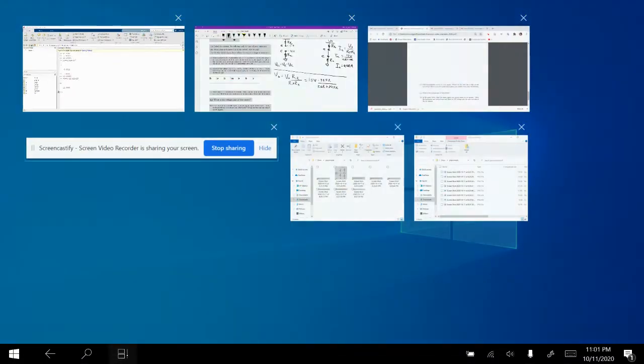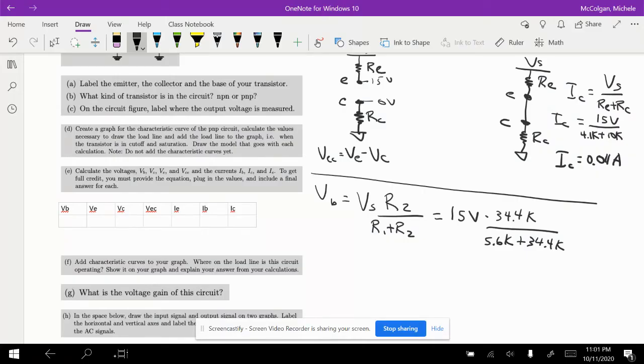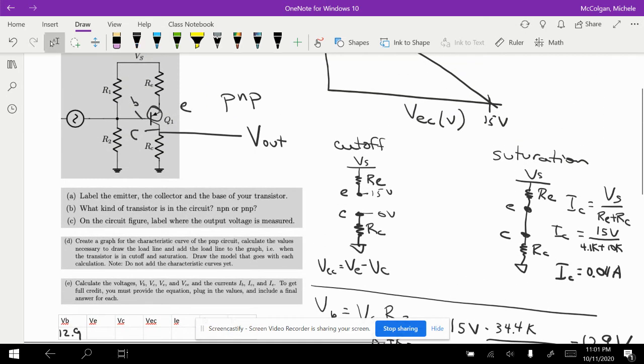So if I go back, here I get VB is equal to 12.9 volts. So I can type that in, 12.9. And now looking at my circuit again, if at VB here I'm at 12.9 volts, then VE has got to be 12.9 plus 0.6.